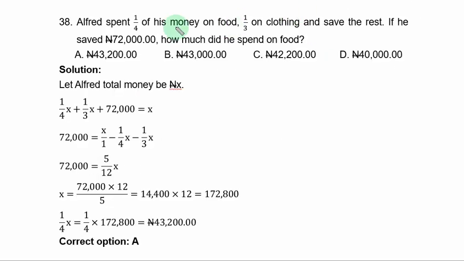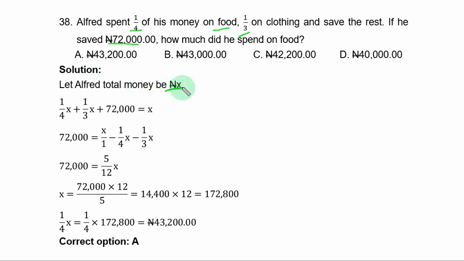Question 38. Alfred spent 1/4 of his money on food, 1/3 on clothing, and saved the rest. If he saved this amount, how much did he spend on food? Solution. Let Alfred's total money be S naira.